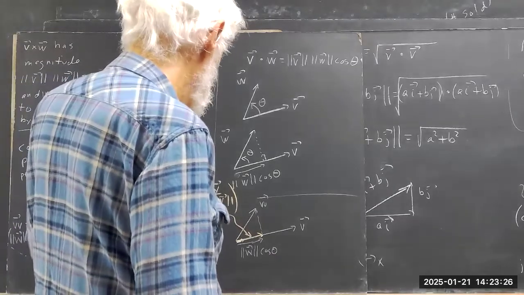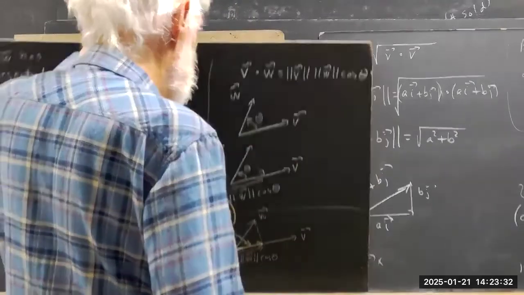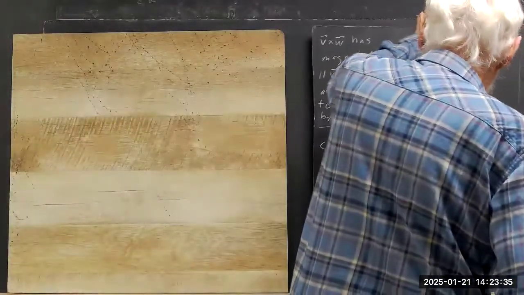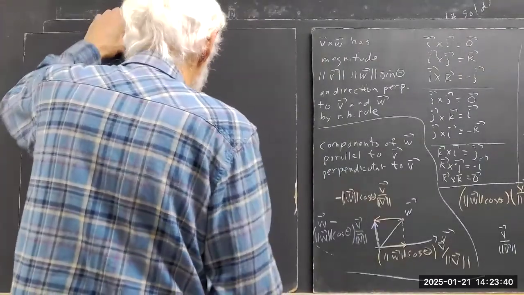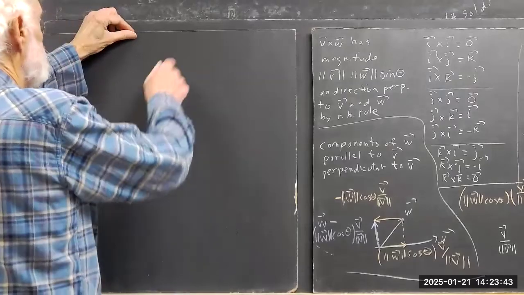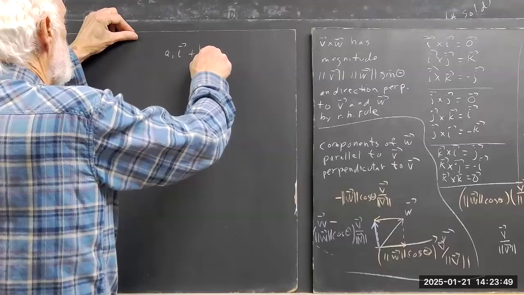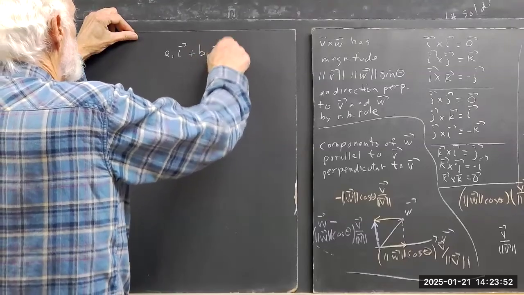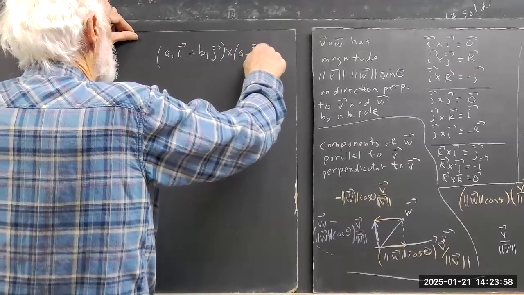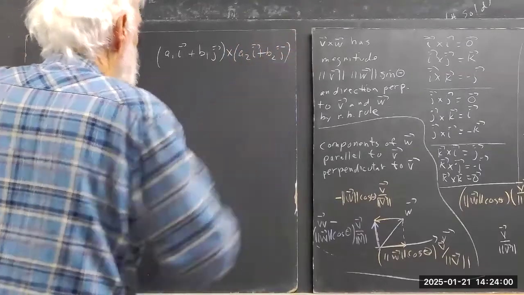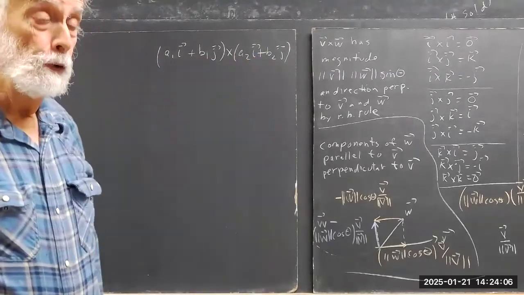Now, calculate A1I plus B1J cross product with A2I plus B2J.